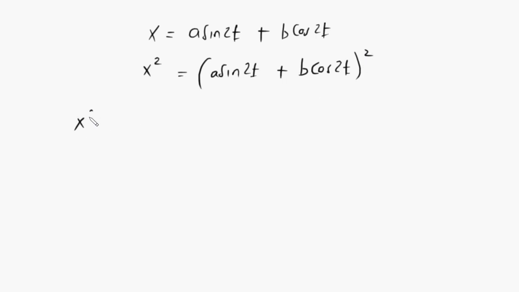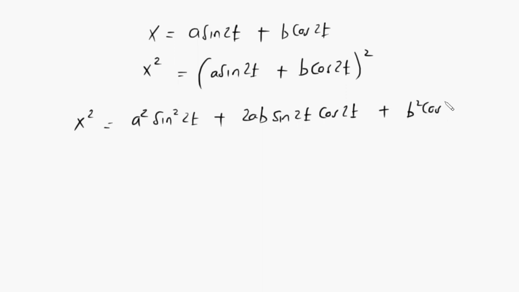So this one is just going to be x squared is equal to a squared sine squared 2t plus 2ab sine 2t cos 2t plus b squared cos squared 2t. So this one is x squared, okay? But I know that v is equal to dx/dt.